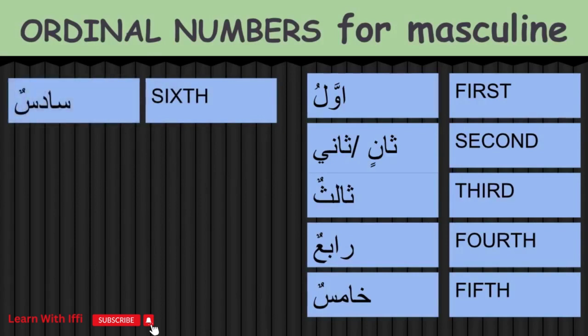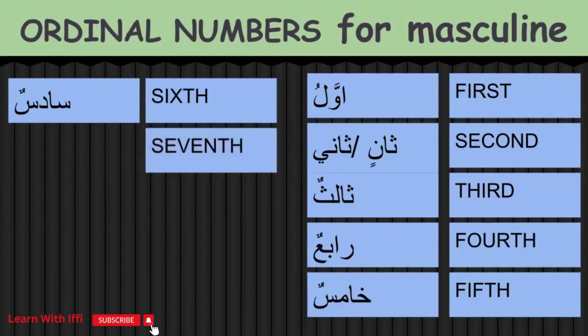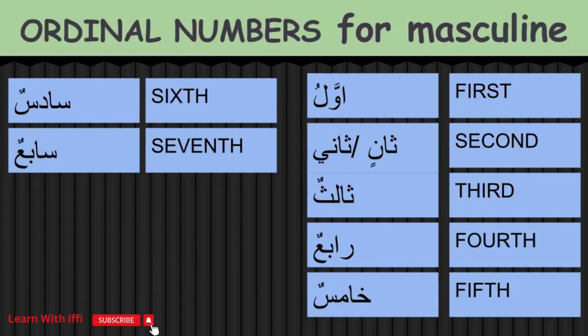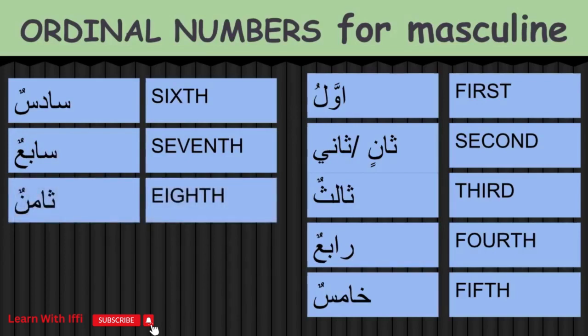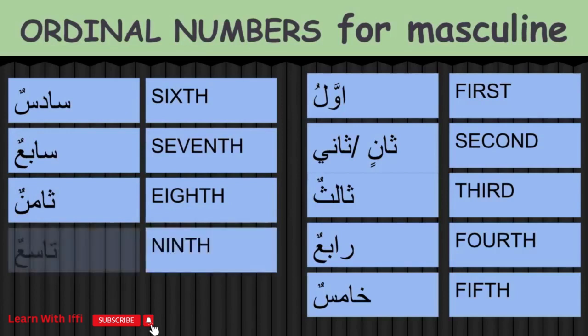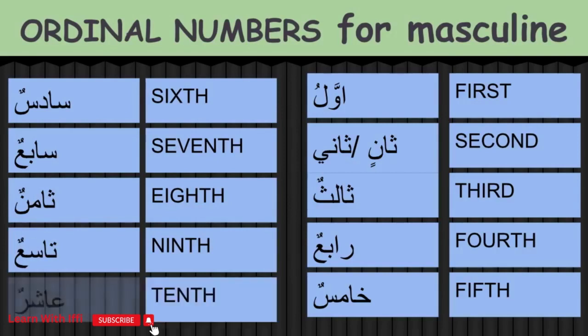It's a little bit irregular again here. It's sadisun. Seventh, 7 is sab'a. Seventh will be sabi'un. 8 is thamaniya. 8th will be thaminun. Tis'a is 9. 9th will be tasi'un. 10th is ashara. 10th will be ashirun.